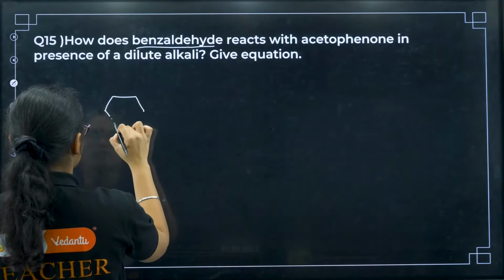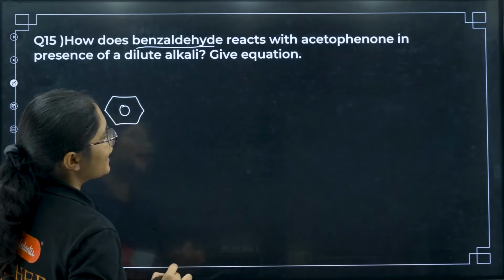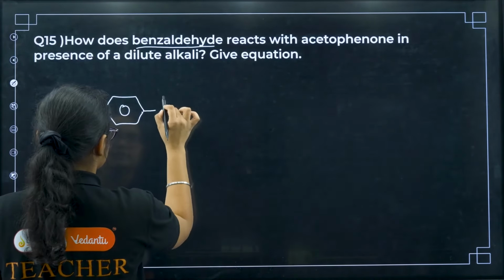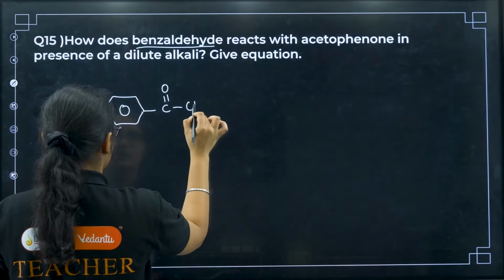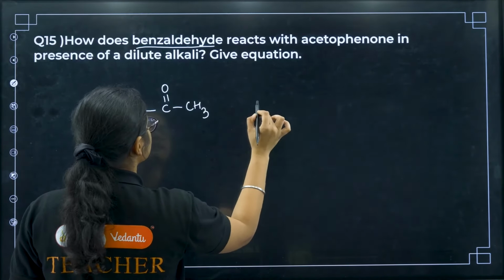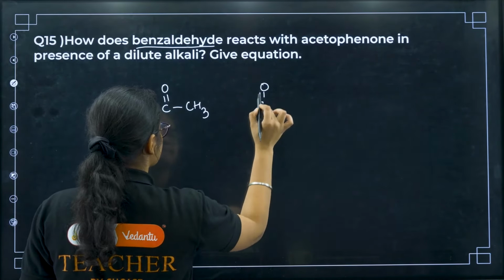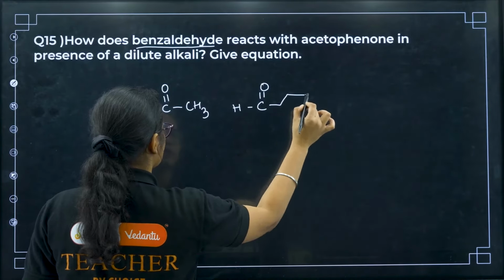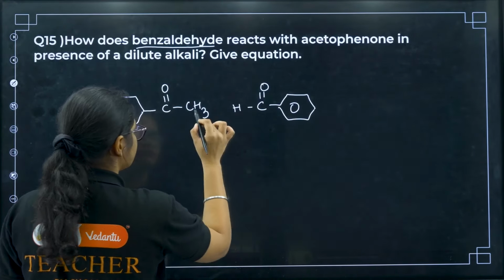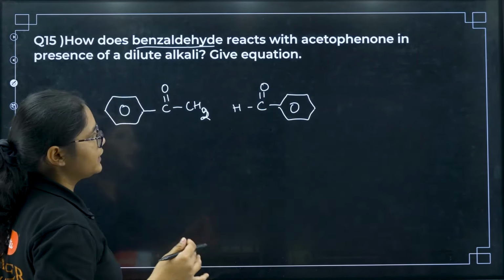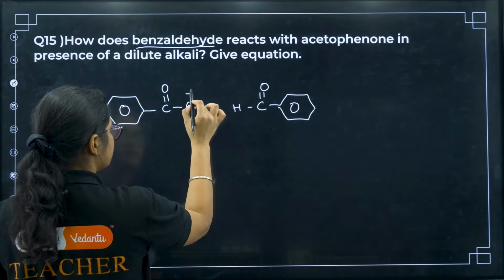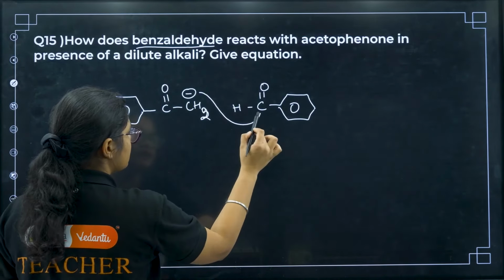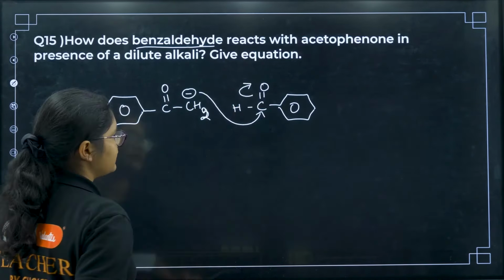So let me just draw: you have acetophenone and here I have benzaldehyde. Now what will happen, when you take alkali medium, this one will form a carbanion, CH2 minus, this one will attack here and this one will attack here.